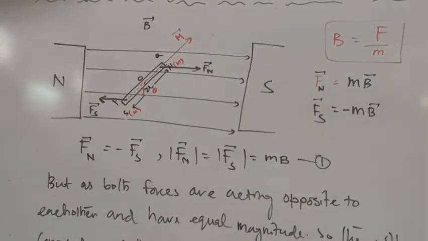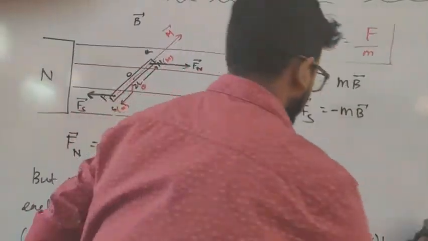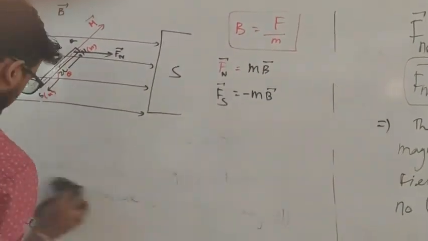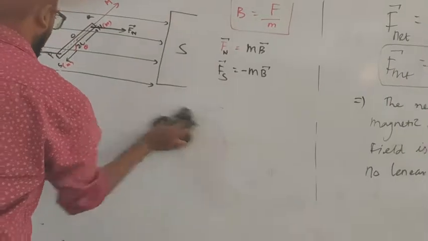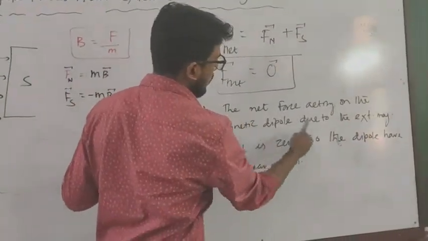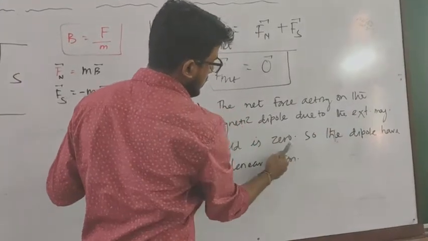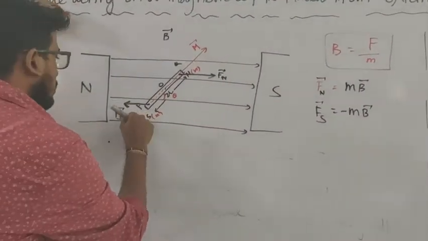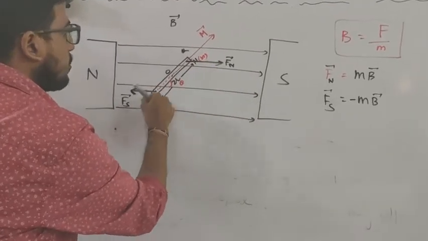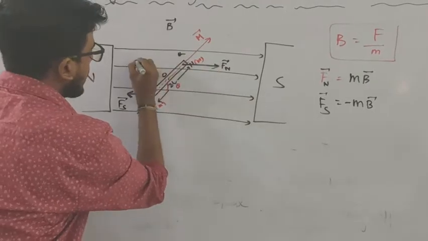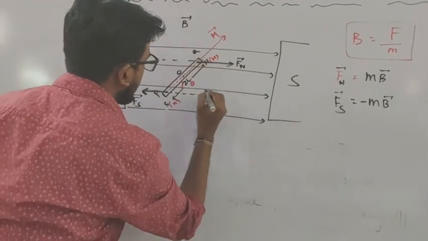But, okay, as the net force acting on the magnetic dipole due to the external magnet is 0, there will be no linear motion in the dipole. But here both forces are equal in magnitude and opposite in direction, and they are acting along different lines of action. This force is acting along this line and this force is acting along this line.